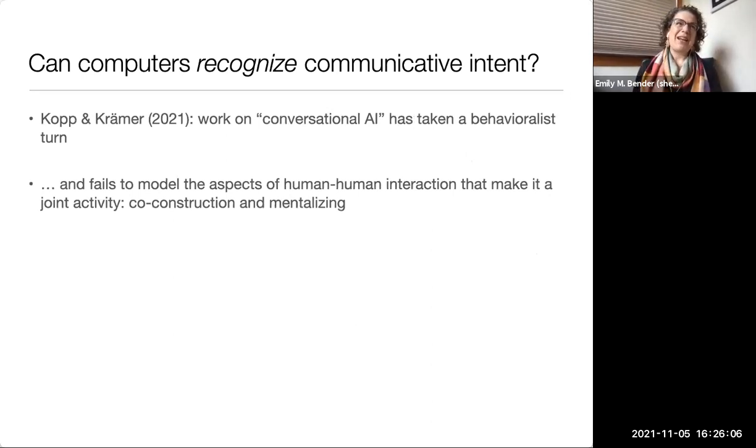In connection with that idea that this is minimal and not getting us to full communication, there's this paper that I quite enjoyed by Kopp and Krämer, who argue that work on what's called conversational AI, that is chatbots driven by language models, has taken a very behaviorist turn. And in doing so is failing to model the aspects of human-human interaction that make that interaction a joint activity.